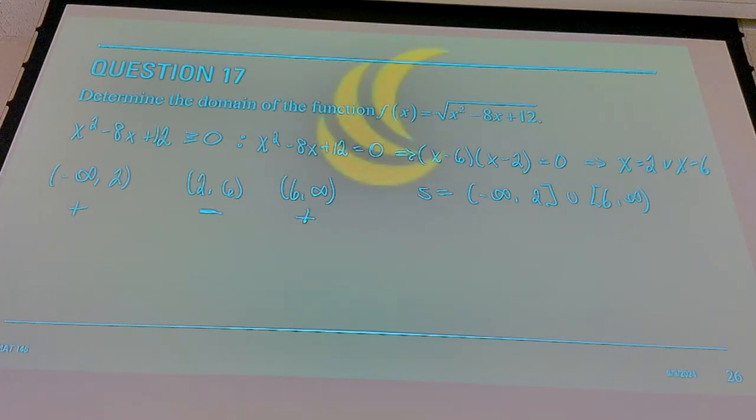Are there any other restrictions we have to consider? How do we know that it was greater? Because that was the inequality we were solving.